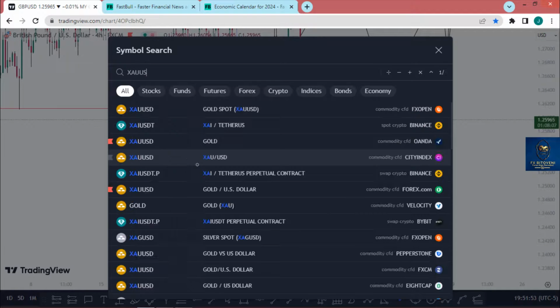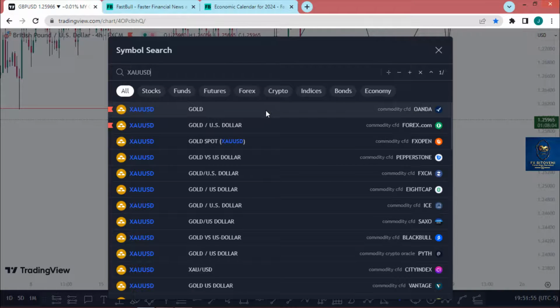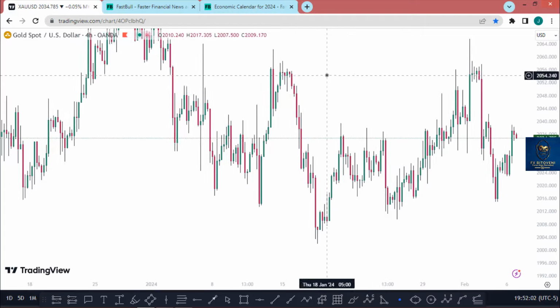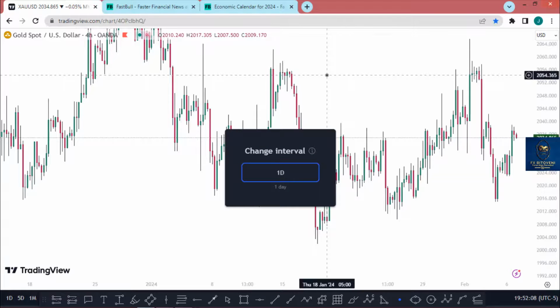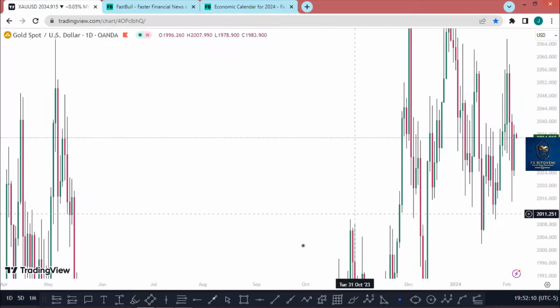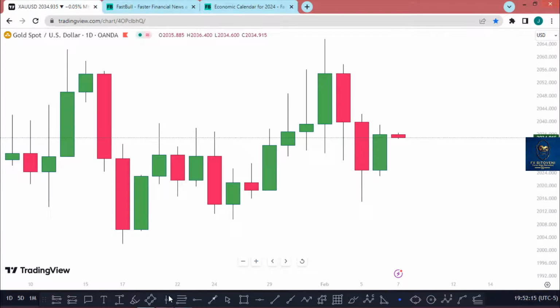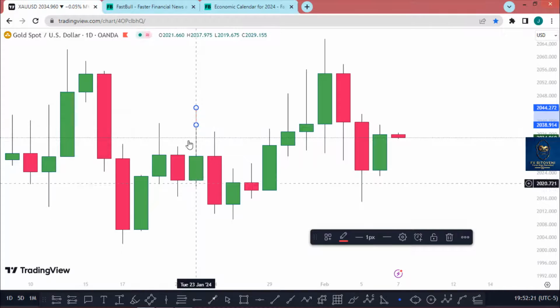Another example, on gold. So to understand what I mean, let me go to daily time frame and show this example. You can truly see how price manipulated this candle.